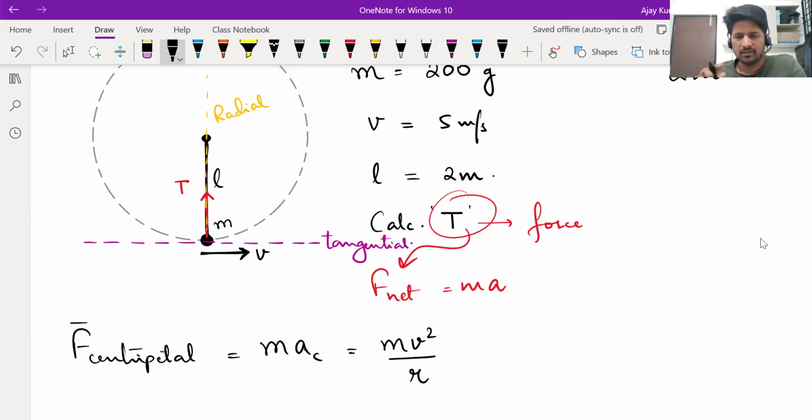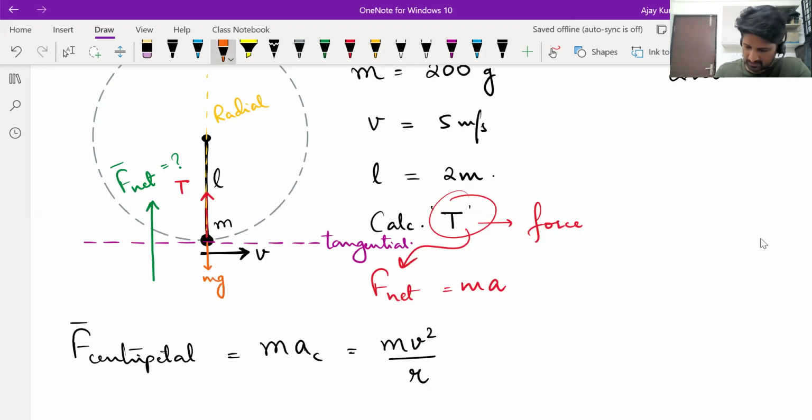Okay, Pawan, tell me, at the given instant, centripetal means net force towards the center. At the given instant, what is the net force acting on the ball in this direction? How much is the net force towards the center? Sir, T minus mg. T minus mg, correct. mg is acting away from the center.